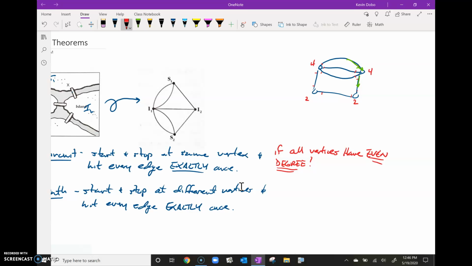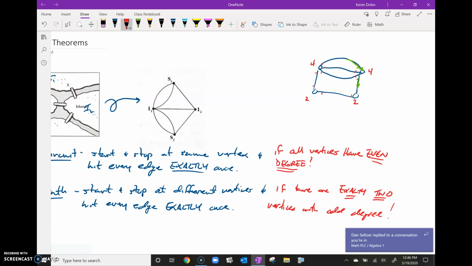An Euler path: I know that a graph has an Euler path if there are exactly two vertices with an odd degree.